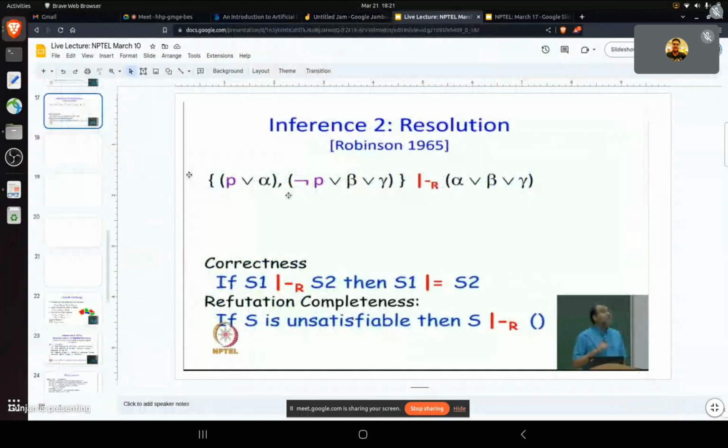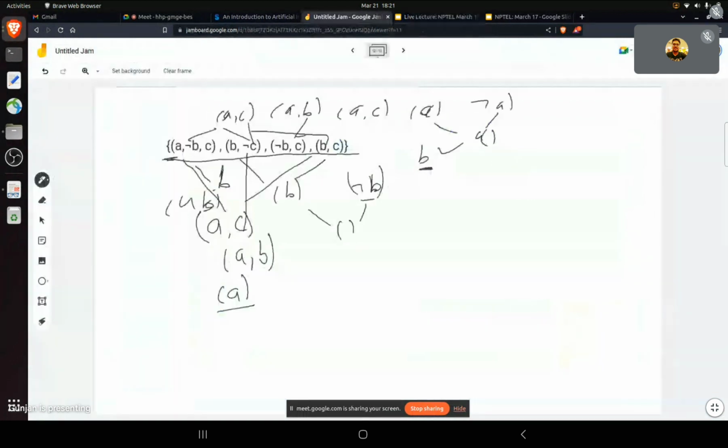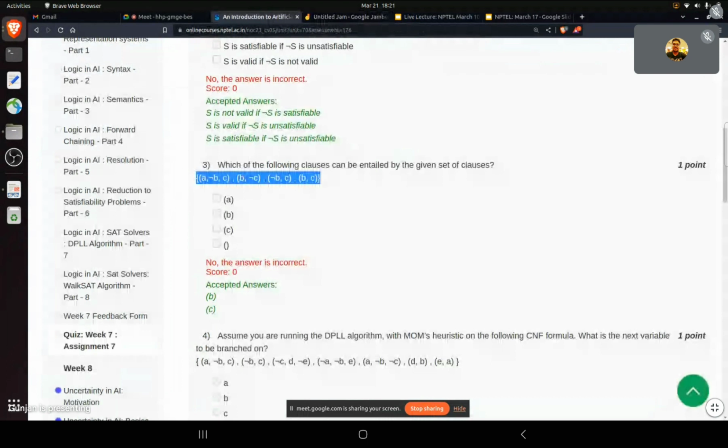If you have to resolve something, then you have to show P or A, comma, not P or B or gamma, right? So if you are doing P or A, that means B or not C. This is what you are saying, that I have B or not C. Now if you take negation of B or not C, you will get not B and not C independently.